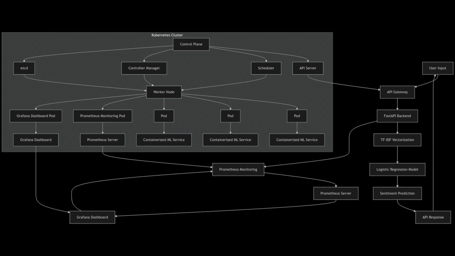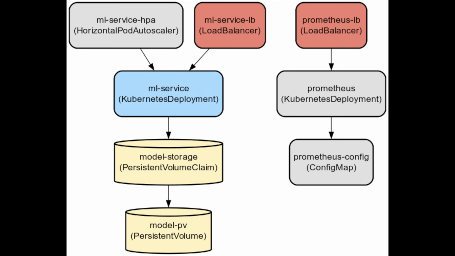Kubernetes is also cloud agnostic, allowing the machine learning application to be deployed across various cloud providers like GCP, AWS, or Azure, or on-premises environments as well. This flexibility ensures that ML projects can leverage the best available resources and avoid vendor lock-in.